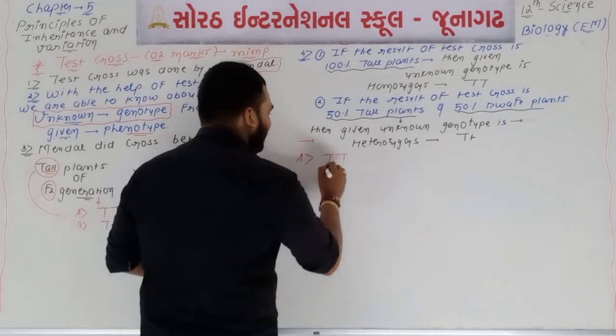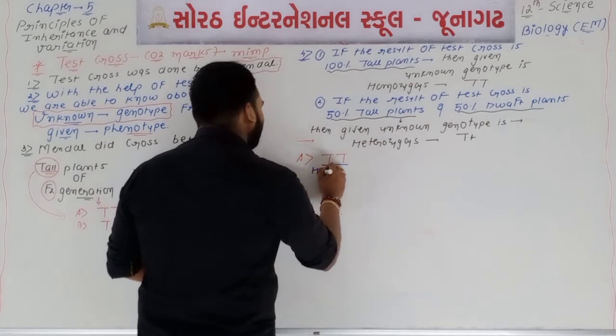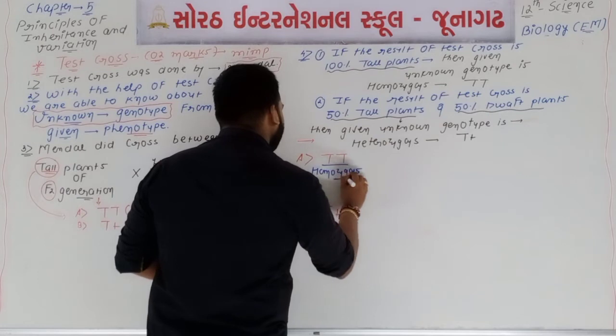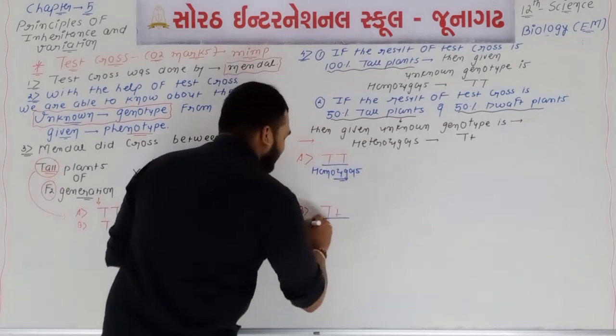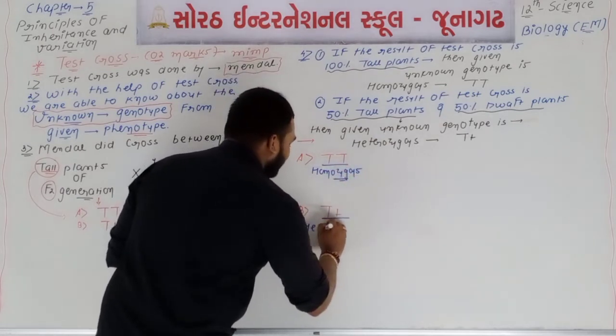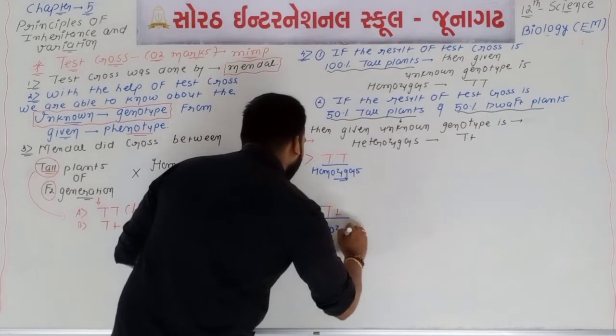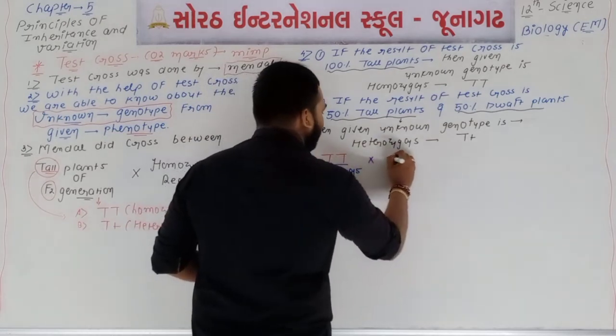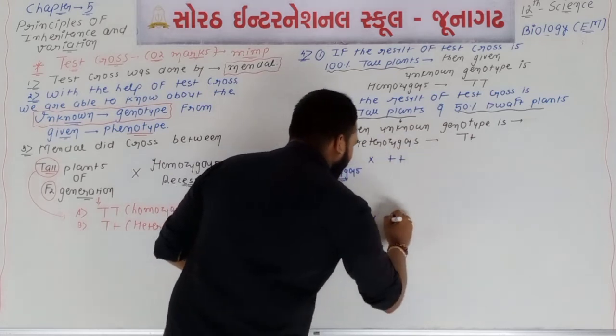Remember, capital T capital T means homozygous dominant, and capital T small t means heterozygous, cross with small t small t.